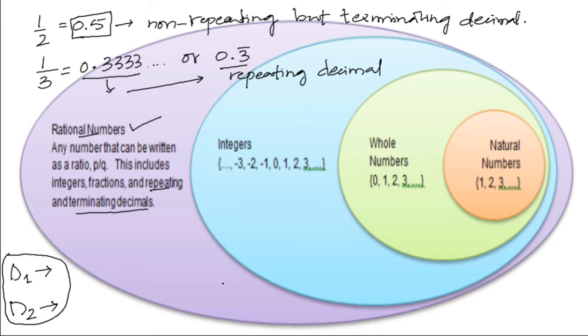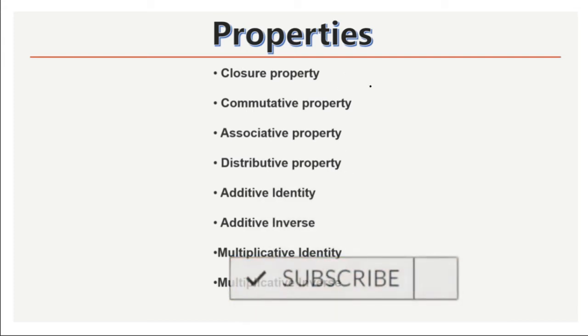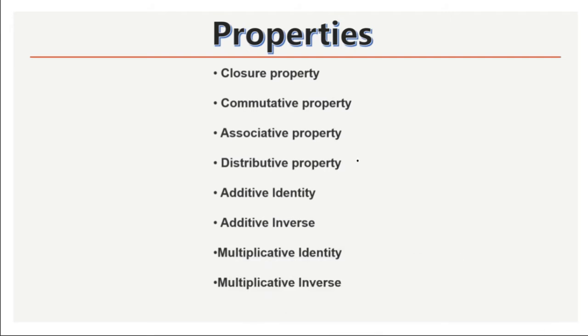Next, moving on, we need to learn the properties related to rational numbers. What are these properties? The properties are closure property, commutative property, associative property, distributive property, the existence of additive identity element, multiplicative identity element, and the existence of additive inverse and multiplicative inverse in the number system.